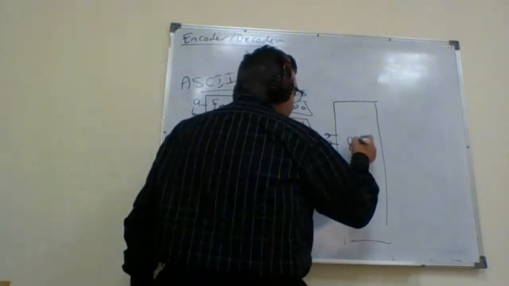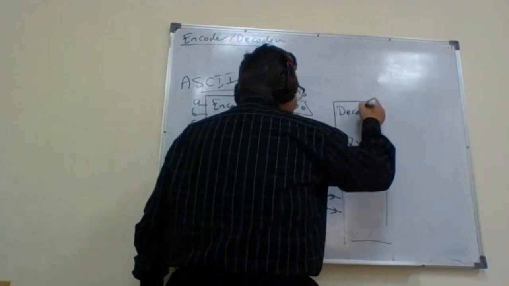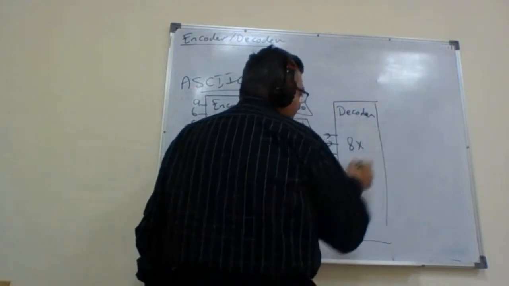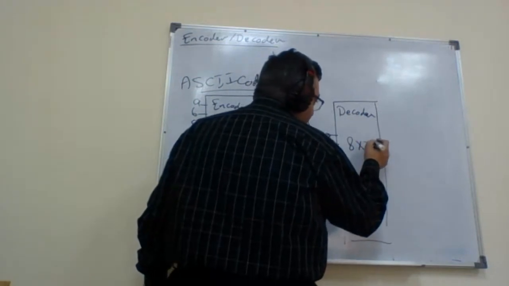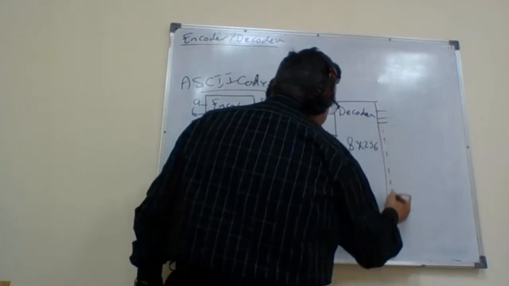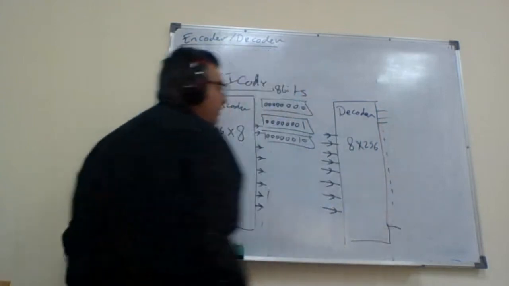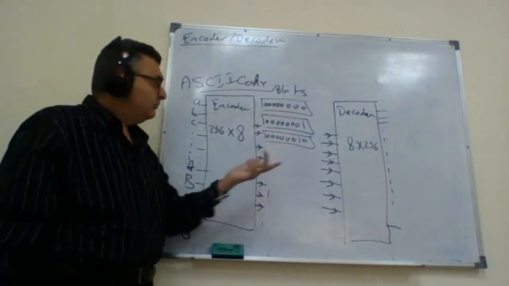Okay, those 8 wires will go through a device called what? Called the decoder. The decoder has the mission to convert the 8 wires to 256 different combinations for the different combinations of that number.